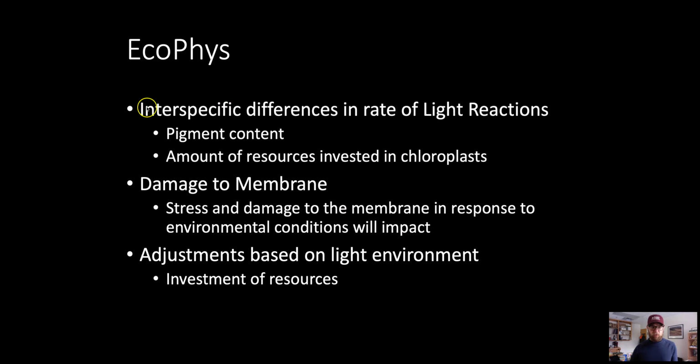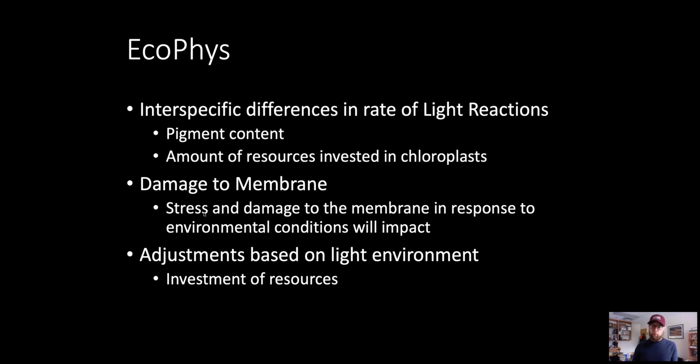So this first one's talking about species differences. Thinking about damage to the membrane, this is more like a seasonal thing within an individual species. How might a late spring cold snap affect the membrane, or how would a heat wave affect the membrane of a species? Well, it's going to definitely affect that membrane to some degree, and that will impact photosynthetic rates and growth. So that's important to keep in mind.